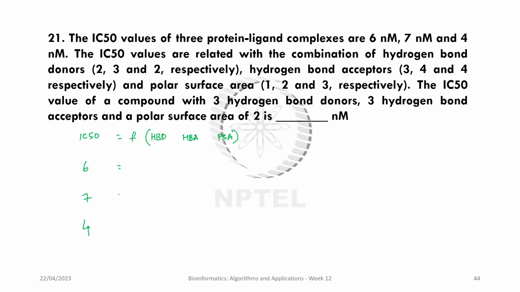Okay, so we would have this as: donors 2x, 3x, 2x plus 3y, 4y, 4y plus 1z, 2z, 3z.